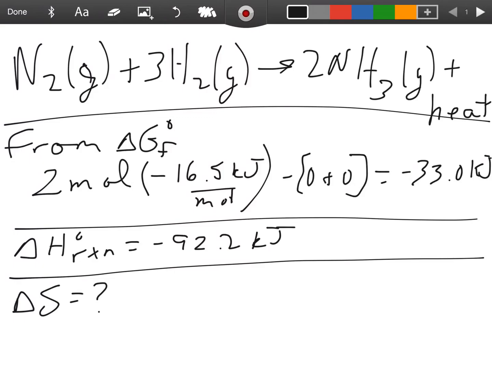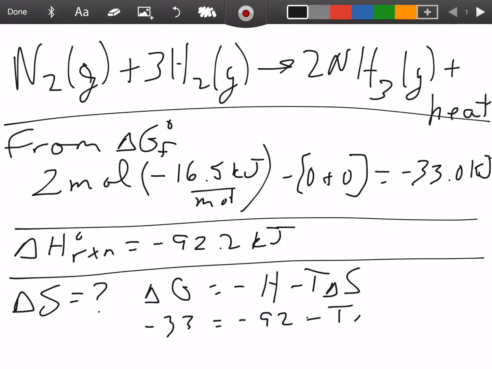But there's also another way to solve this problem. Remember that delta G equals delta H minus T delta S. And when I do that, if delta G is a value of minus 33 and the delta H is a value of minus 92, and I subtract from that minus T delta S, and if I solve for delta S, I'm going to add 92 to both sides.